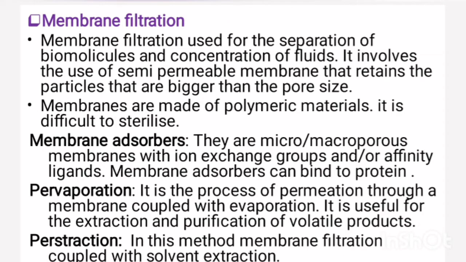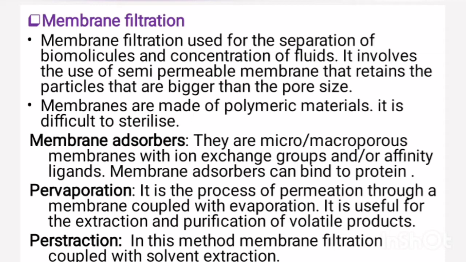Third method is the membrane filtration method. It is used for the separation of biomolecules and particles and also for the concentration of fluids. It uses a semi-permeable membrane that retains the particles with a size greater than the pore size of the membrane, and the smaller particles can easily pass through this membrane.